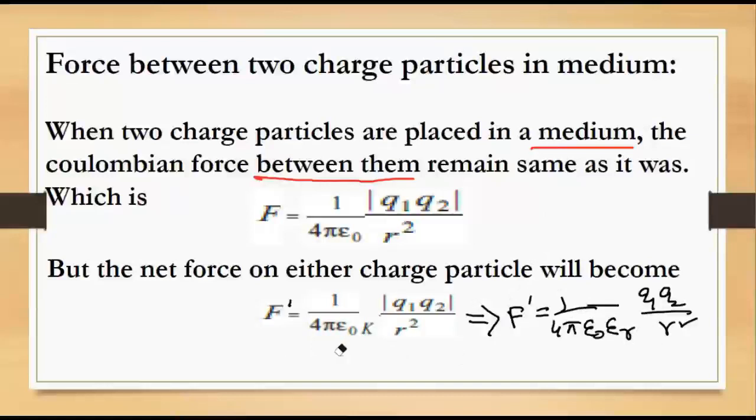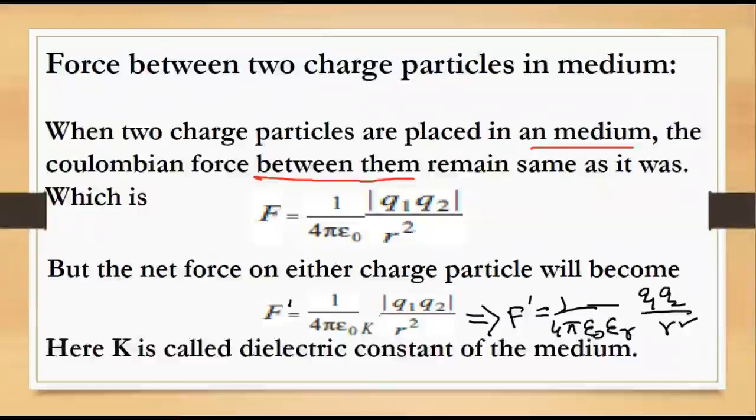Again I'm saying that k and epsilon r are medium-dependent quantities. In water, k will be different, and epsilon r also will be different, though the value of k and epsilon r is the same. So what is k here? K is called the dielectric constant of the medium.